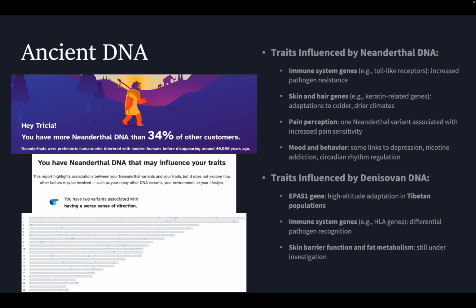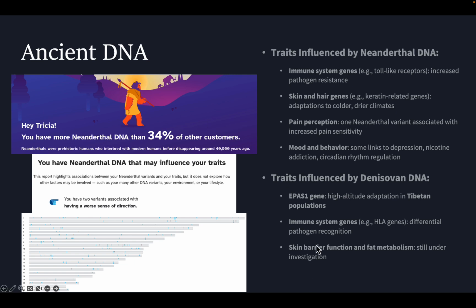And there seem to be some genes involved in the skin barrier function and fat metabolism. How those are working in terms of how the Denisovan DNA is influencing the modern human is still up in the air. But having this genetic material and this ability to study has really allowed us to start to tease apart our origins even more carefully.